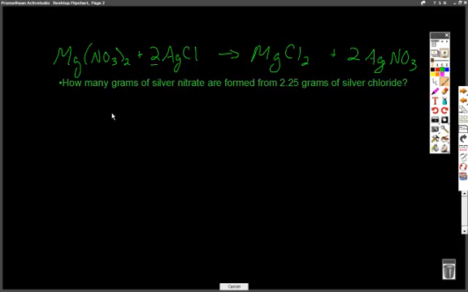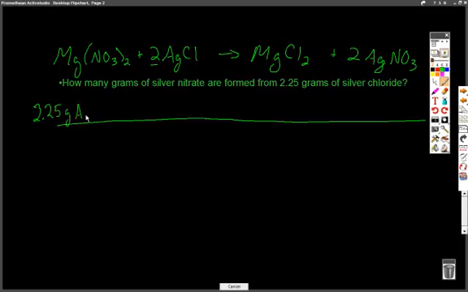The last problem asks how many grams of silver nitrate are formed from 2.25 grams of silver chloride. So again, what we know is we have 2.25 grams of silver chloride. That means we want to get rid of grams of silver chloride.